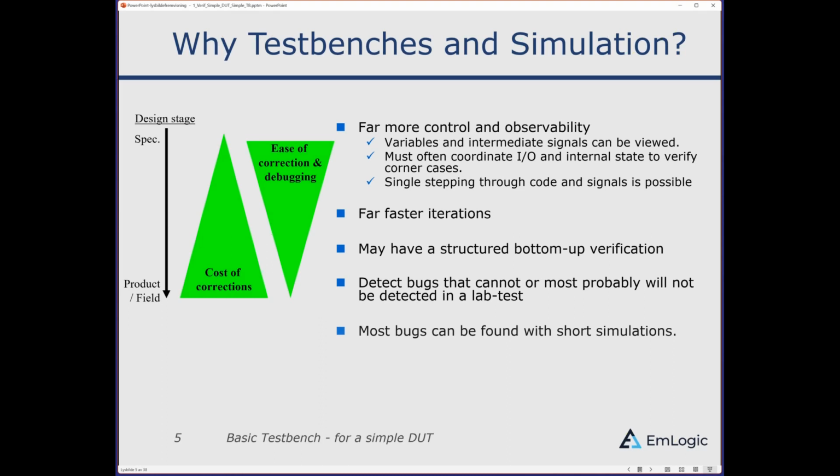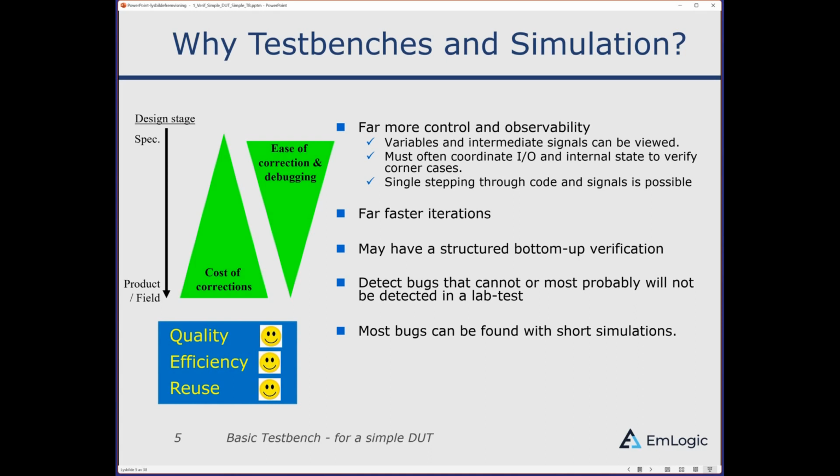And of course, you can have a structured bottom-up verification, allowing you to first verify the modules and then later on verify the top level, which is a far more efficient way of verifying your design. We can detect bugs that cannot or most probably will not be detected in lab tests for various reasons, most of all because we can actually control everything from our test sequencer, from our test bench.